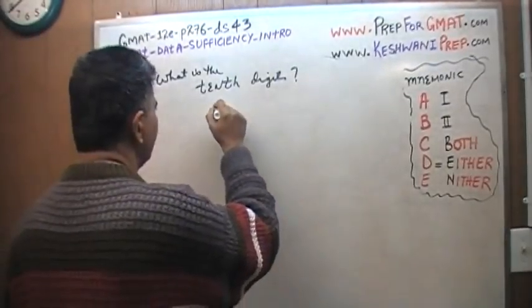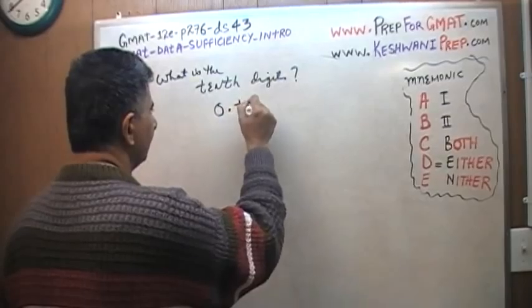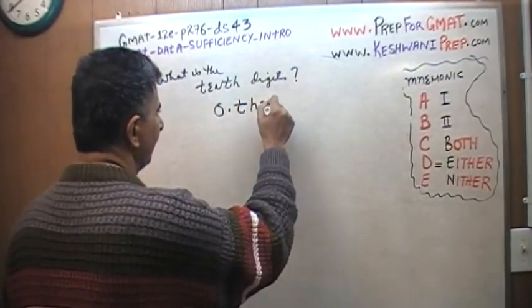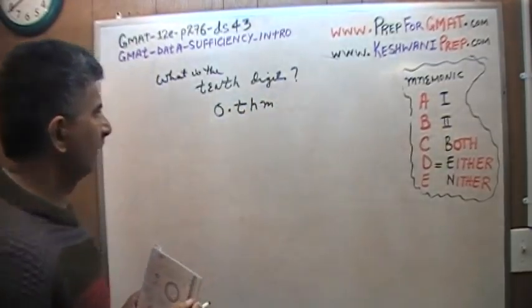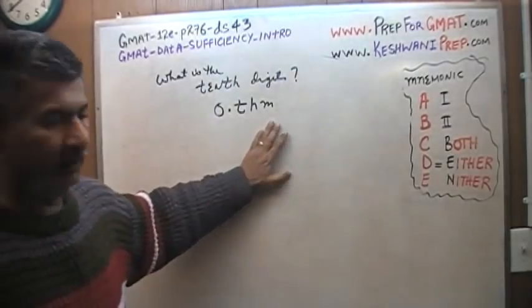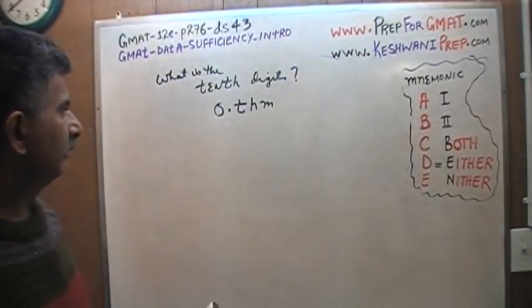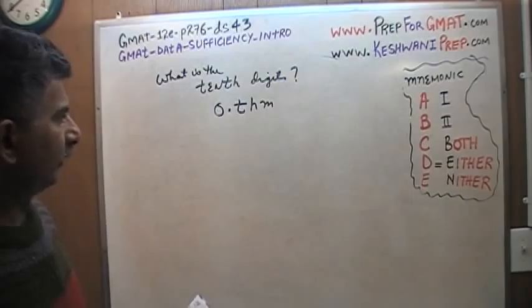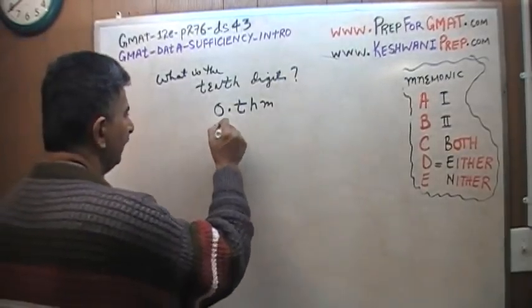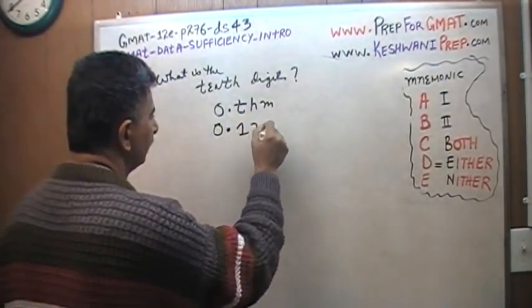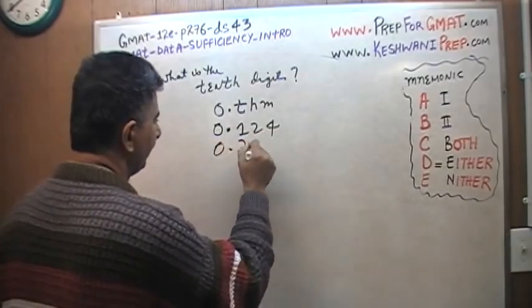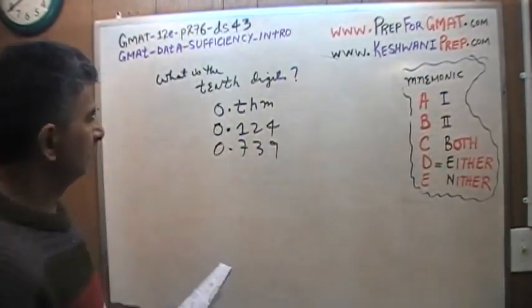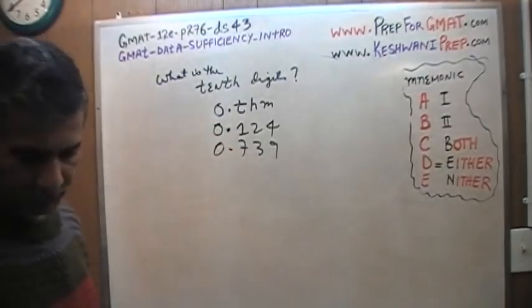So here is your decimal, here is your 10th digit, then the 100th digit, then the 1000th digit, and it goes on and so on and so forth. The M stands for mil, for thousand, for those of you who understand it. For example, it may be 0.124, it may be 0.739, it could be anything. What they're asking you is, what is the 10th digit?